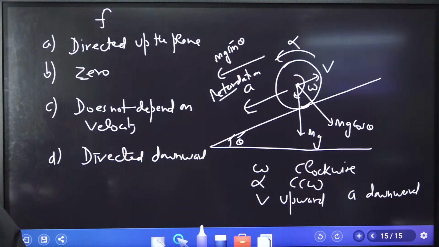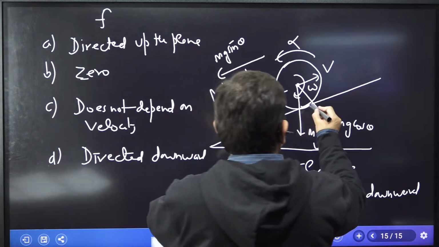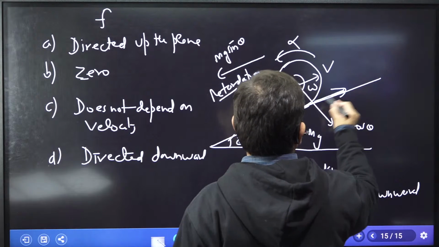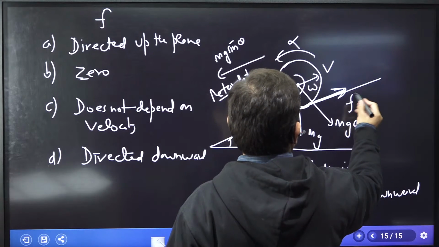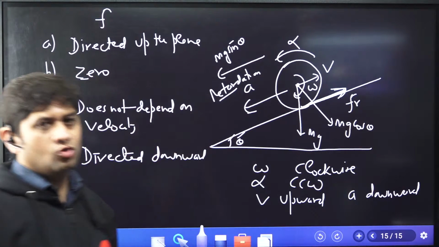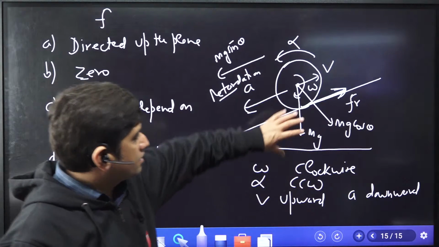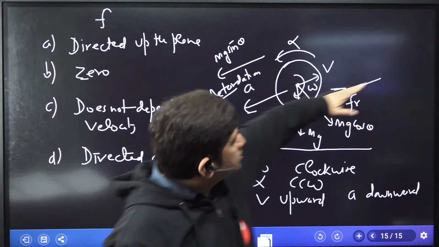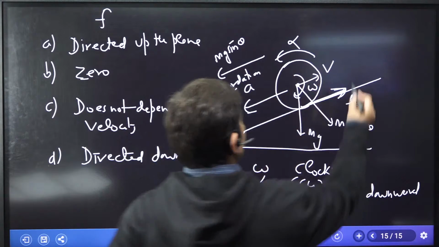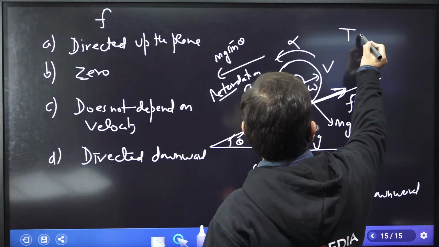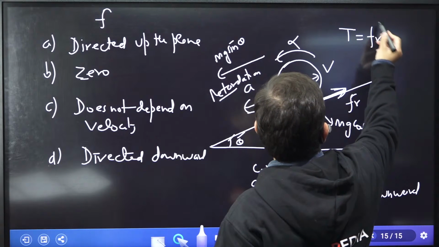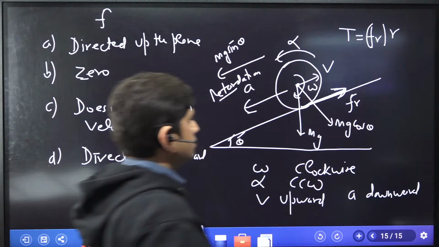Now you see one thing here. The torque which is going to act on the body to stop it is produced by frictional force only. Rolling friction I'm going to discuss with you a little later. This is the friction and it produces a torque, a stopping torque, which is frictional force into radial distance.